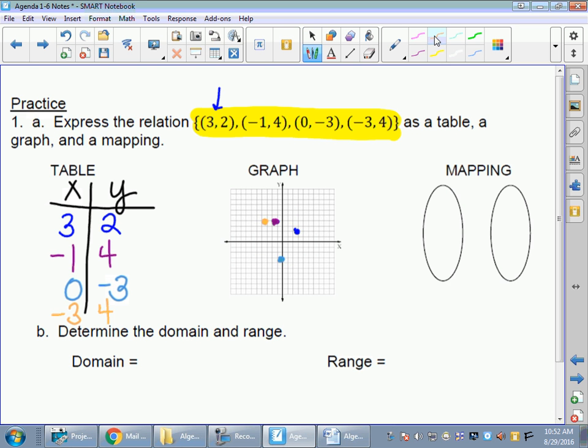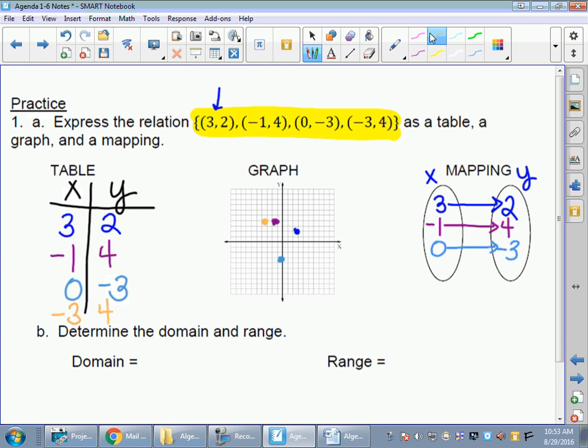My first ordered pair, this is x, this is y, is 3 to 2. My next ordered pair is -1. We have to have those arrows to show that my -1 is my independent and the y depends on that. My next ordered pair is 0, -3.